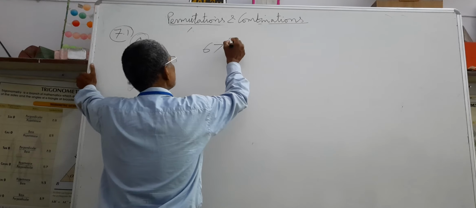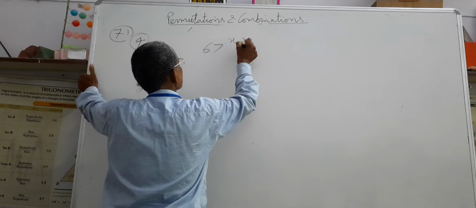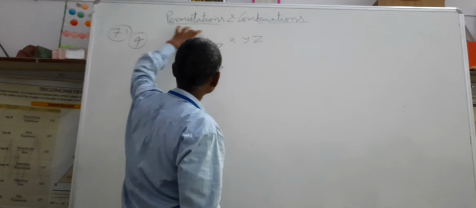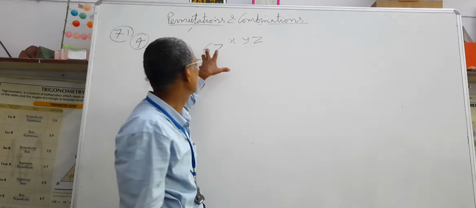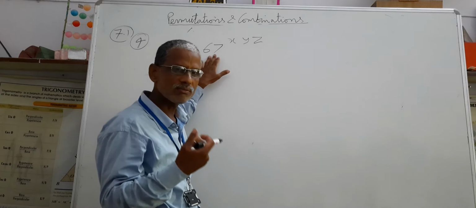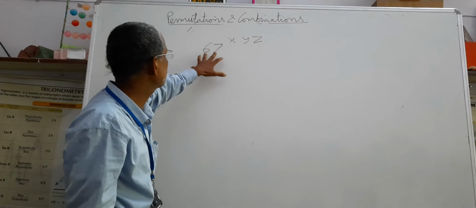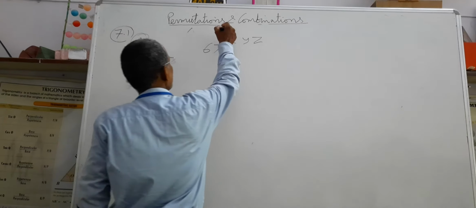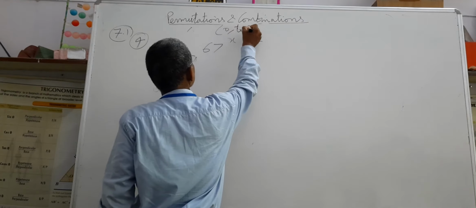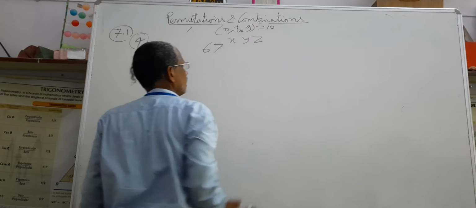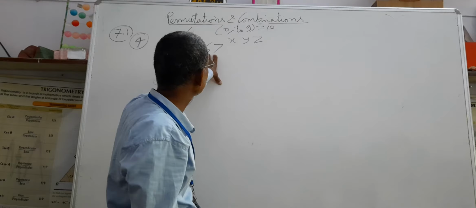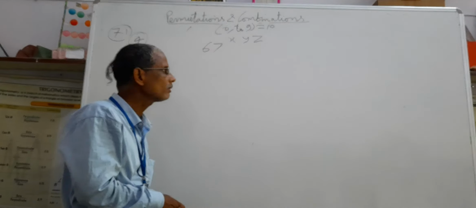So you again have 3 places X, Y, Z to fill up. Among the 5 digits, 2 are fixed. Therefore 2 places are out of consideration because the starting 2 places are fixed by 6 and 7. You have the options 0 to 9, that is 10 options, among which 6 and 7 are used. Repetition is also not allowed.